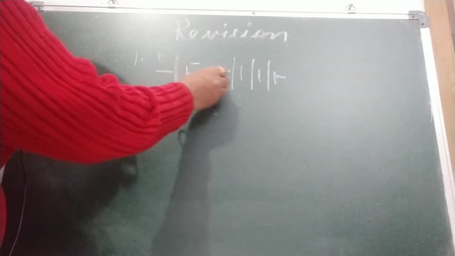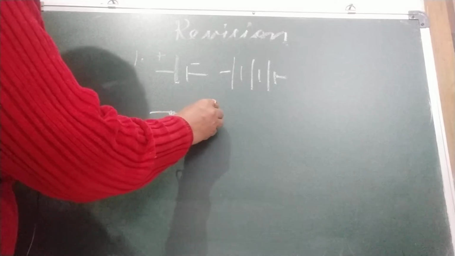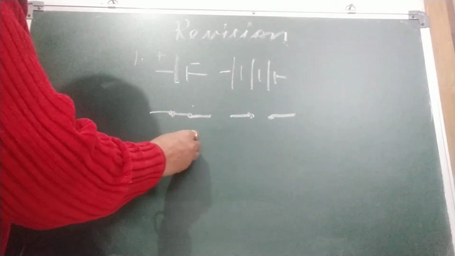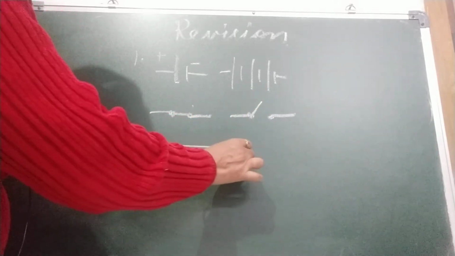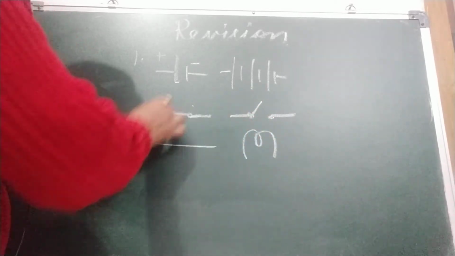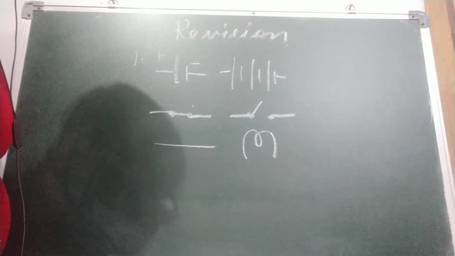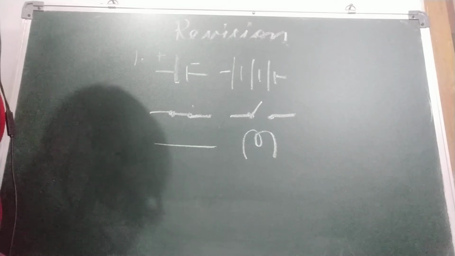Okay, this is cell, this is battery, this is closed switch, this is open switch. Okay, this is wire, and this is bulb. So these are the symbols of some common circuit elements.